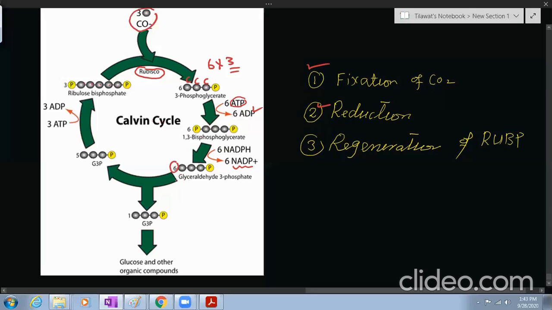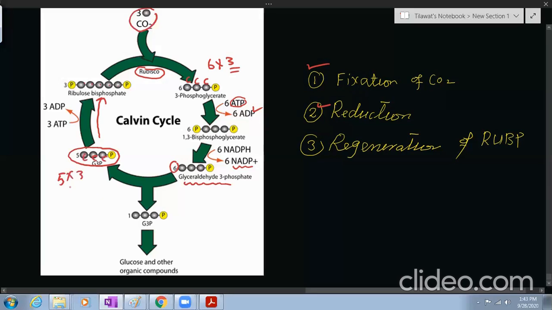This will now convert into what? You can check it here. Glyceraldehyde 3-phosphate. So 5 molecules of glyceraldehyde 3-phosphate will make what? 3 molecules of ribulose biphosphate. Check here, just count the number of carbons here. 5 molecules we have and 3 carbons each, 1, 2, 3.